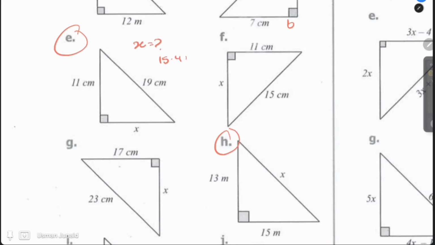And if you round this off, it will be 15.5. What's the value for H? It's 19.8.